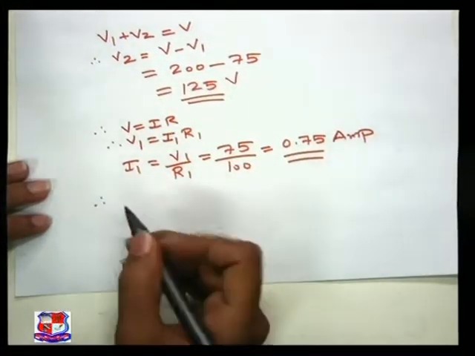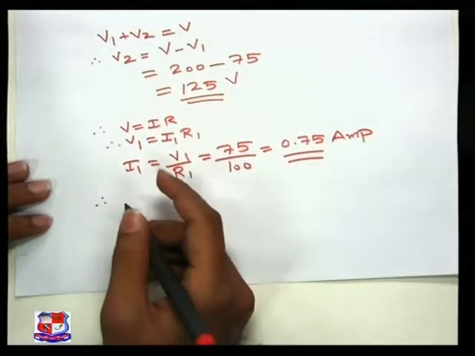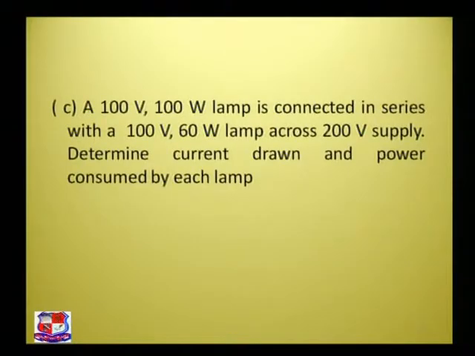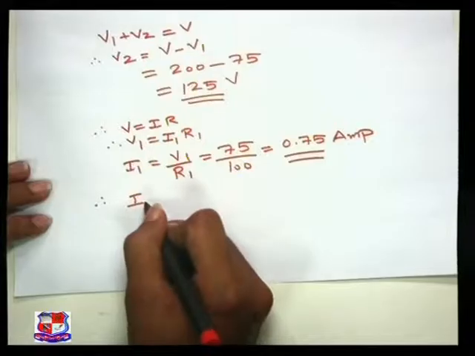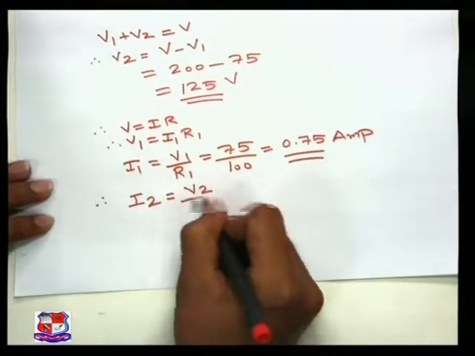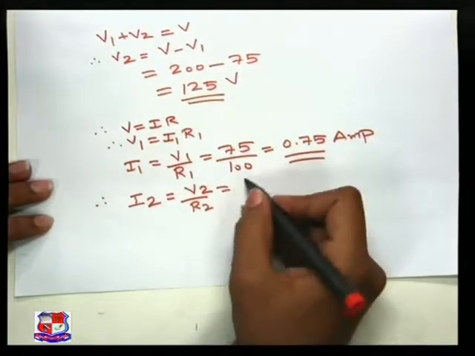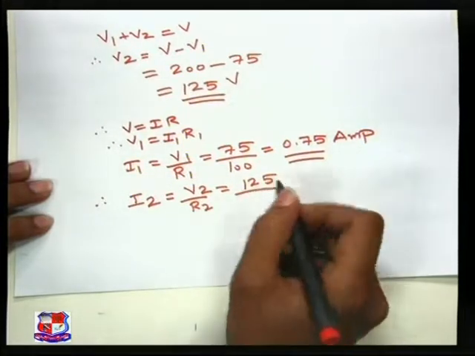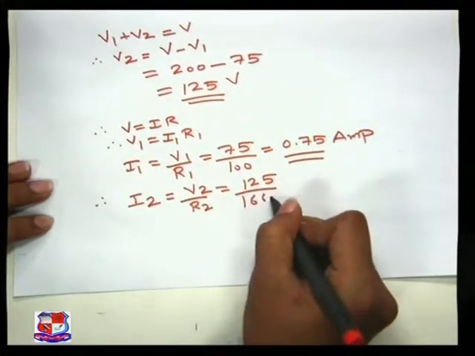Similarly, because it is mentioned that we have to find the current drawn across each lamp, I2 will be, because these lamps are connected in series, equal to I1. Again we can cross verify it. I2 will be equal to V2 by R2. V2 we calculated as 125, divided by R2, which is 166.66.